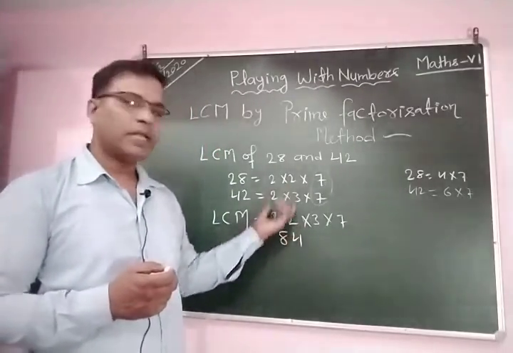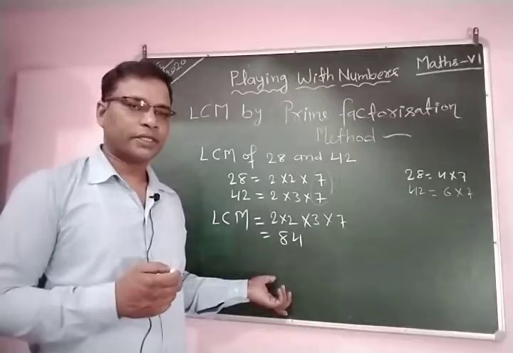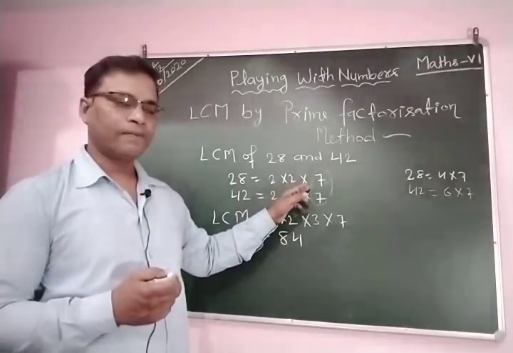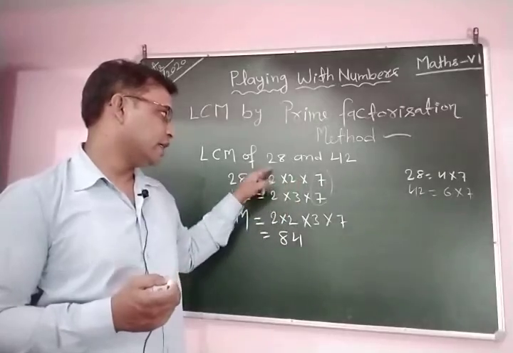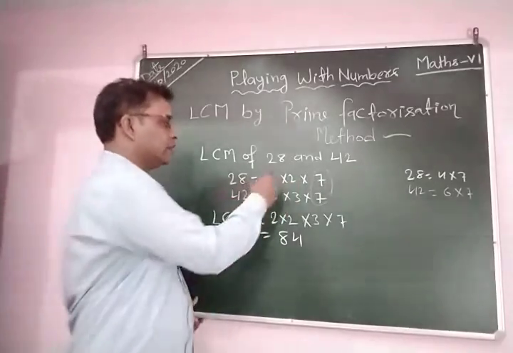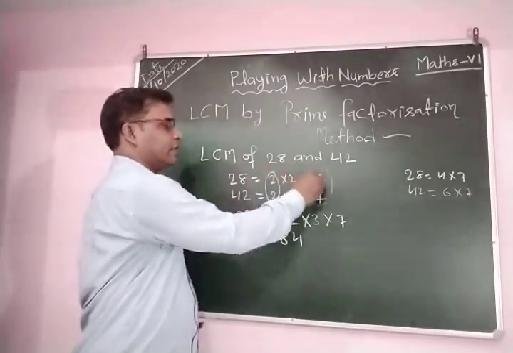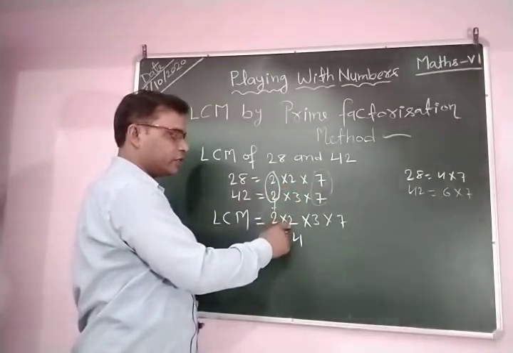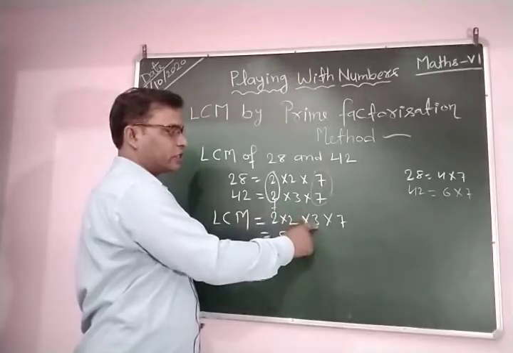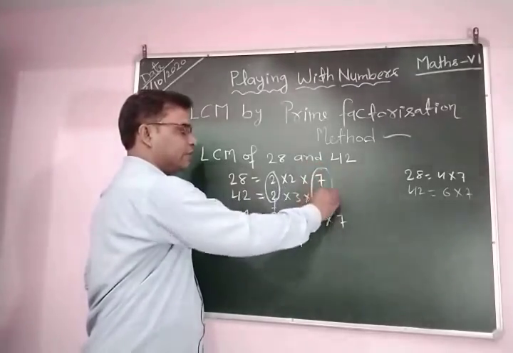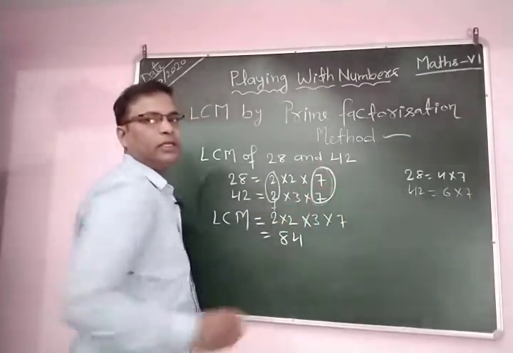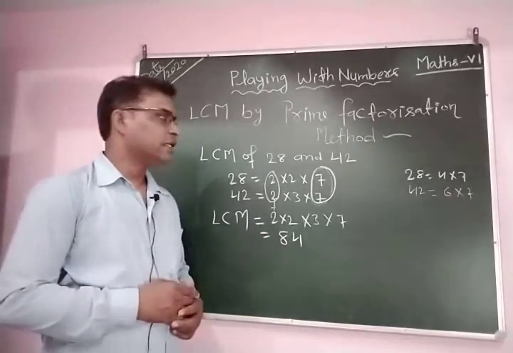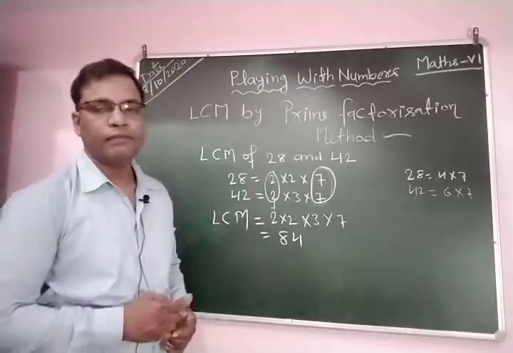First write 2, again 2 is left so write 2, 3 is left so we write 3, and 7 is common, so write 7. So 84 is the LCM of 28 and 42.